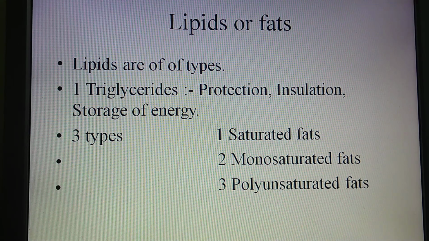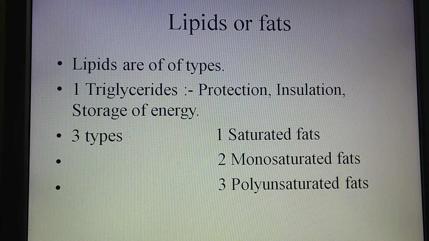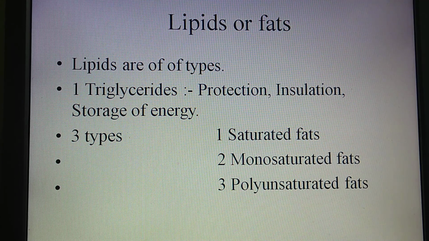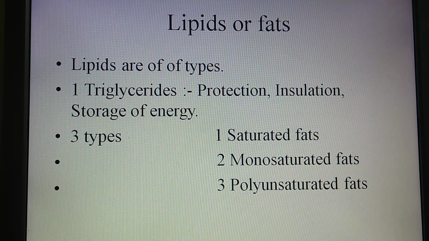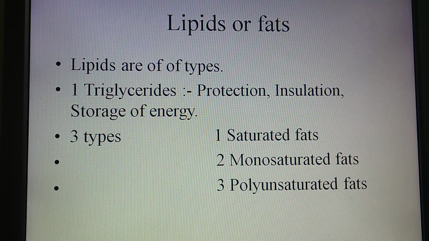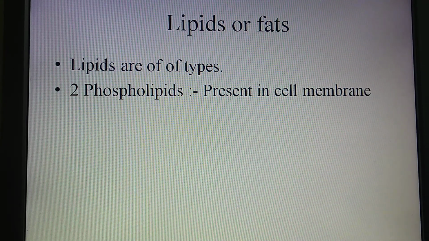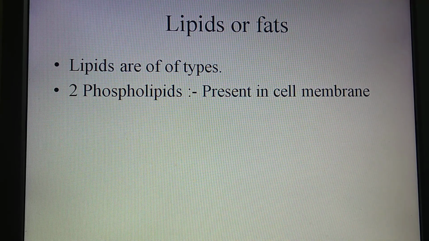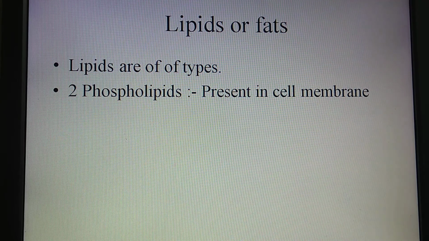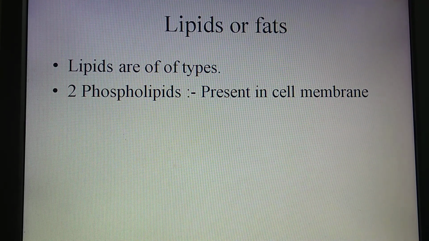The saturated fat is not good for the health, but monounsaturated fats and polyunsaturated fats are beneficial for the health. Another type of lipid is phospholipid, present in the cell membrane, which participates in the inward and outward movement of the cell.